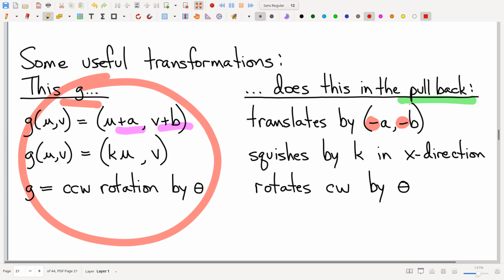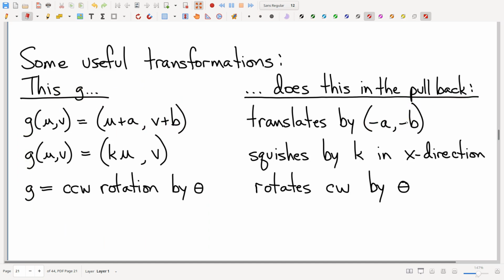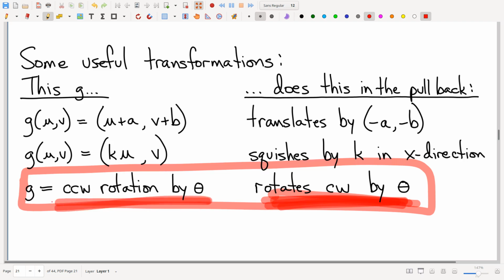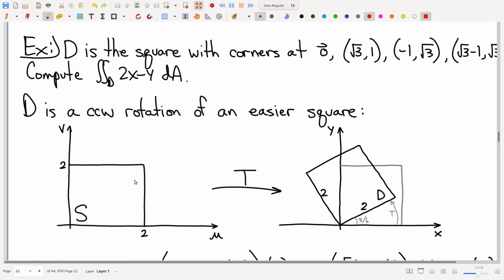And likewise for the others. Now I'm going to show you an explicit example here, specifically of a rotation and how what you want to do to the domain is going to be sort of the opposite of what your change of variables function is going to be. And then we'll work through all the details. So here we go. Next example.